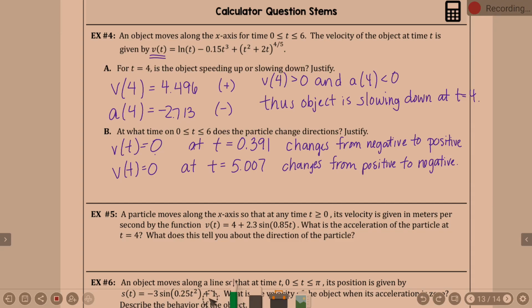So it's asking about the acceleration. The derivative of velocity is acceleration. So we're going to be looking at acceleration at 4. Now this is the only thing we have to do here.